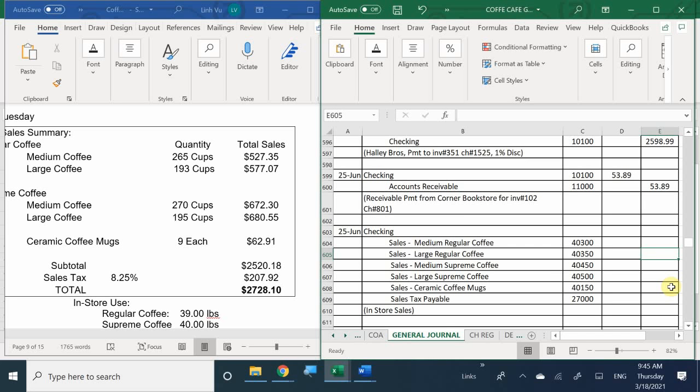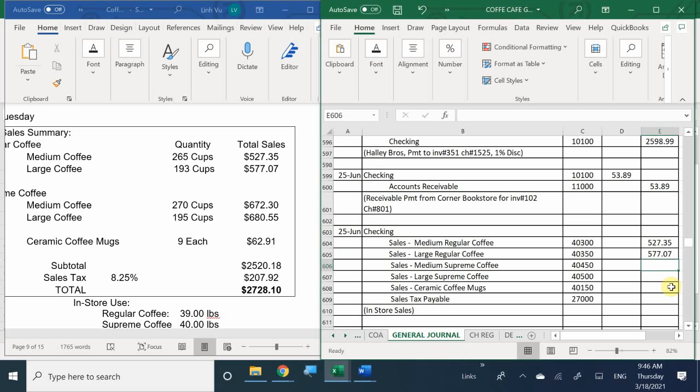So what is my total amount of regular medium coffee did I sell? 265, 527.35. My large regular coffee, 577.07.